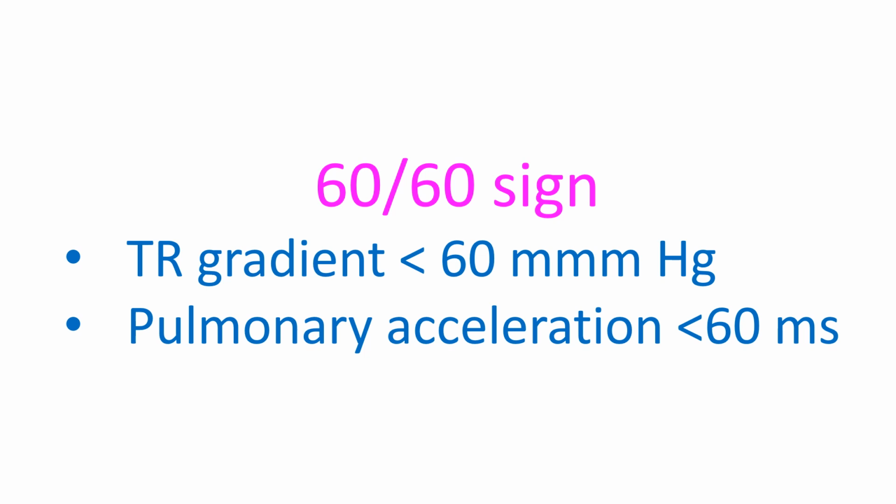High TR gradients may indicate chronic thromboembolic pulmonary hypertension, especially in the presence of right ventricular free wall hypertrophy, suggesting long-standing pulmonary hypertension. False positive results have been noted in pulmonary fibrosis and acute respiratory distress following lung resection. 60 by 60 sign has been noted to have a sensitivity of 25% and specificity of 94% in one study.